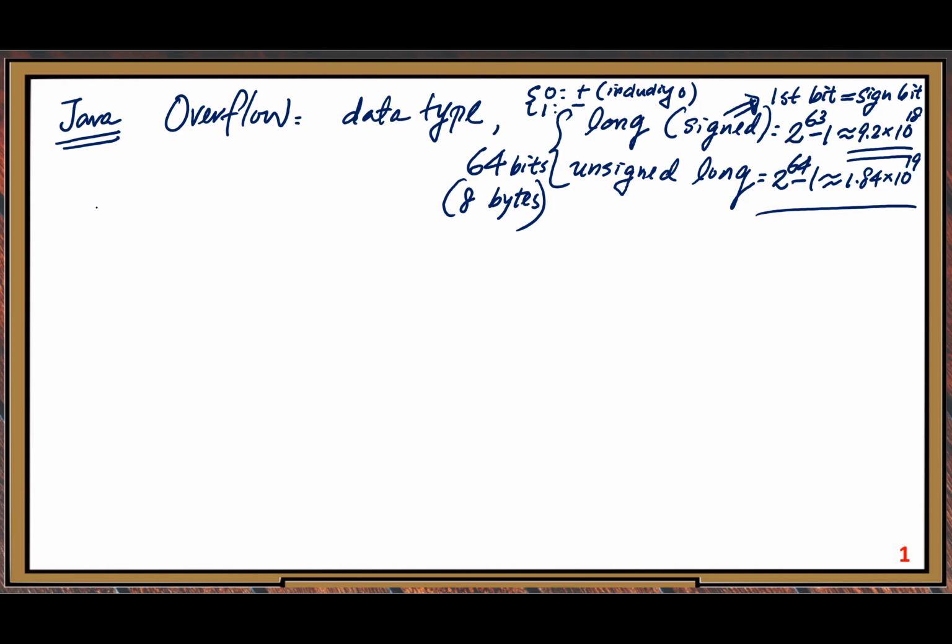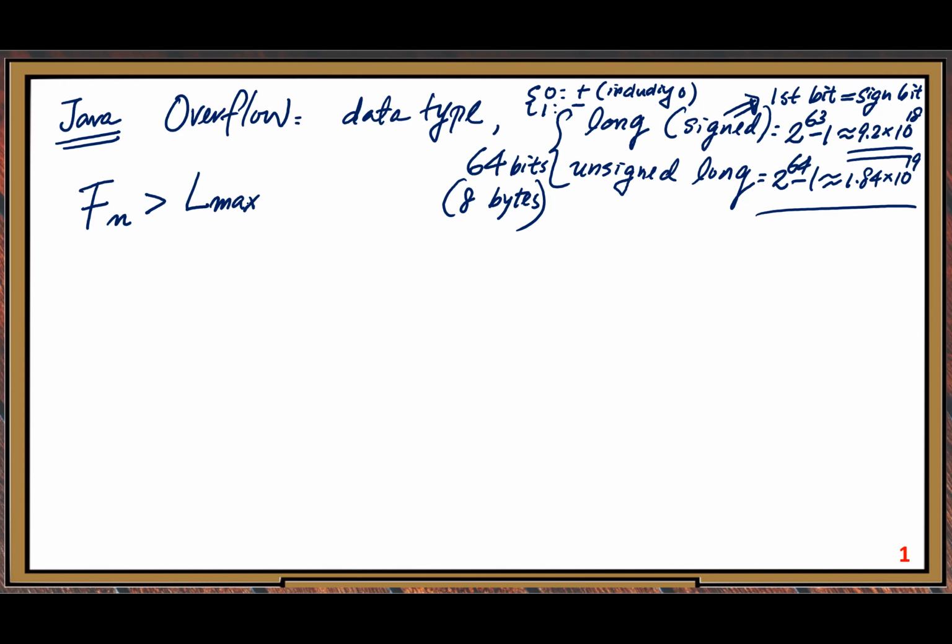After, let's say, your Fibonacci number f of n is greater than this long integer max, here I do not specify which one. It depends on which data type you want to use in your program, long or unsigned long. In this program you can use either one.